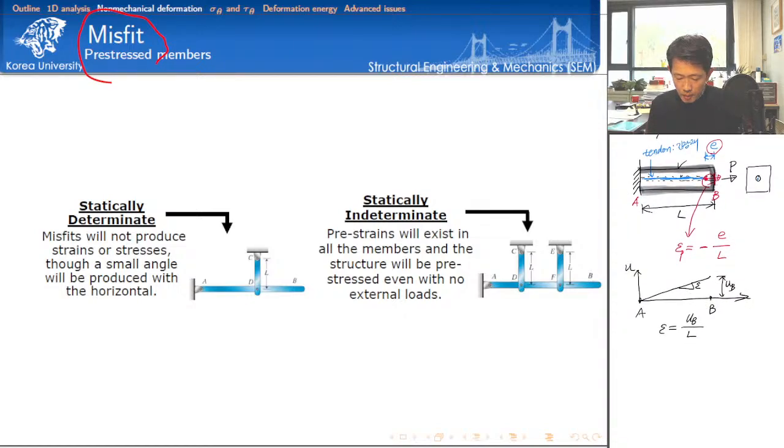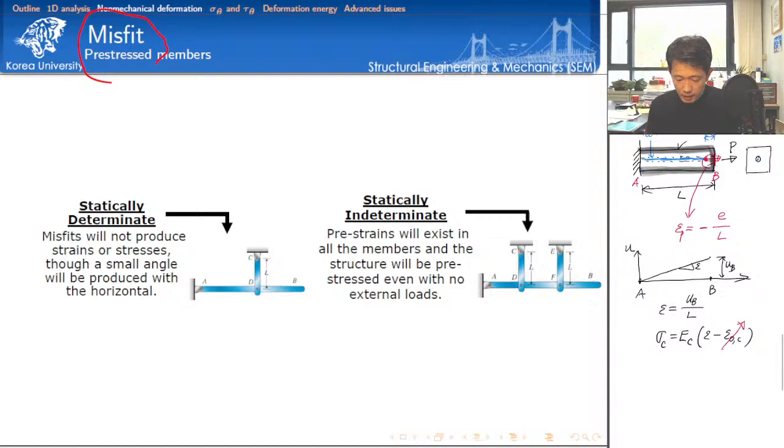Now, let's talk about the stress in the concrete. The stress in the concrete is equal to the elastic modulus of concrete times the total strain minus any non-mechanical strain in concrete. Do we have any non-mechanical strain in concrete? Actually, there is no non-mechanical strain in concrete. And how about the tendon?